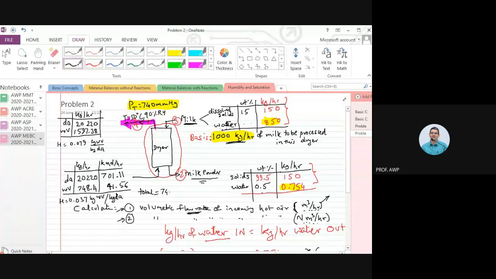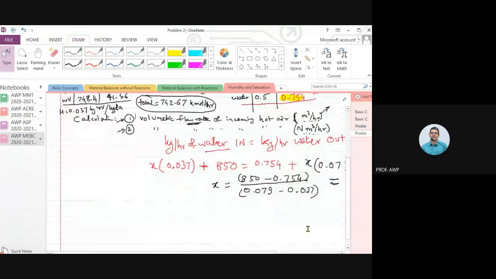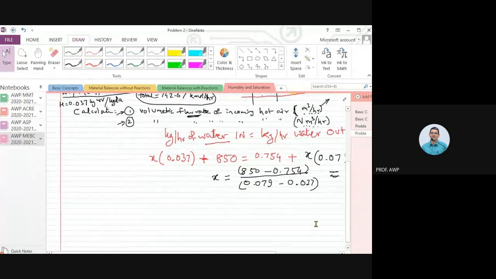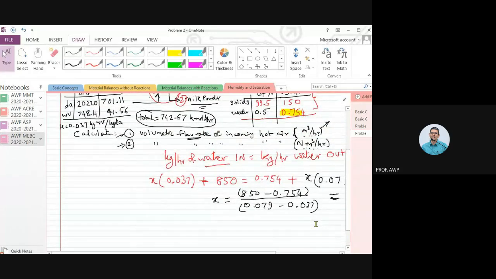That would be 742.67 kilomoles per hour. Do we agree with this? Anybody has any doubts up to this point? Can we go forward?